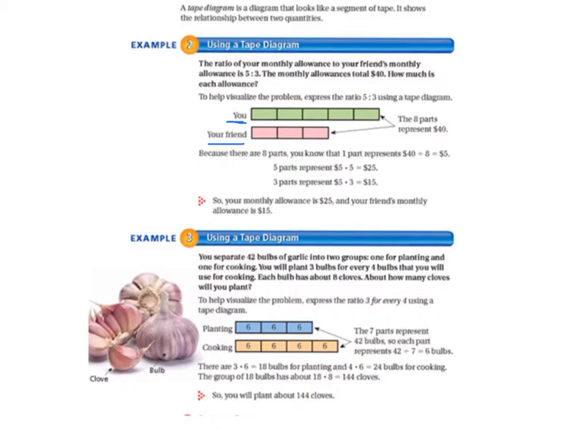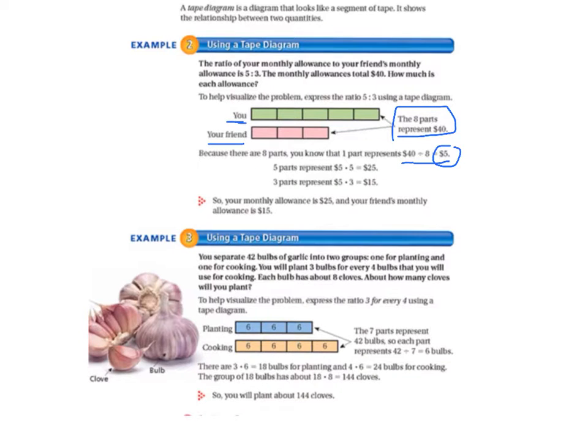So the 8 parts represent $40. Because there are 8 parts, you know that 1 part represents 40 divided by 8. So each section equals $5.